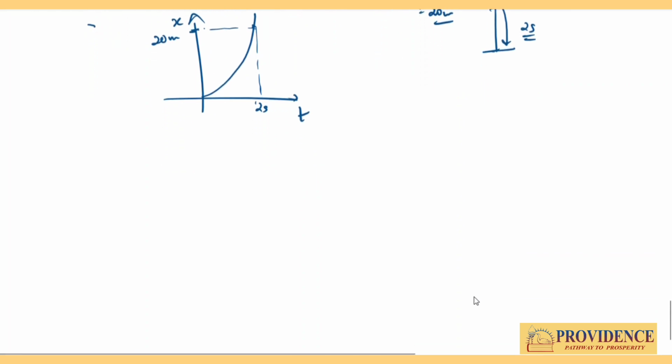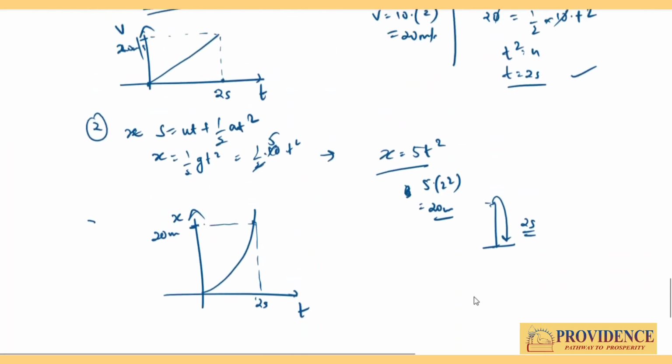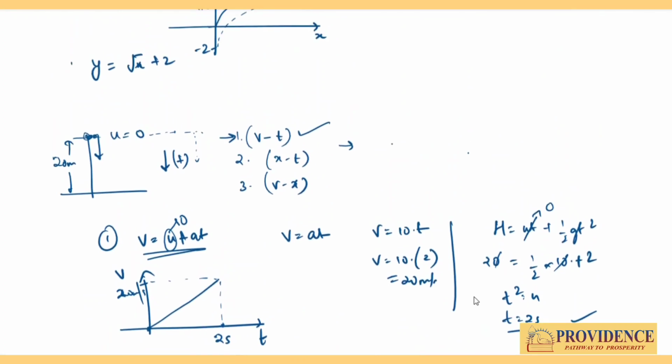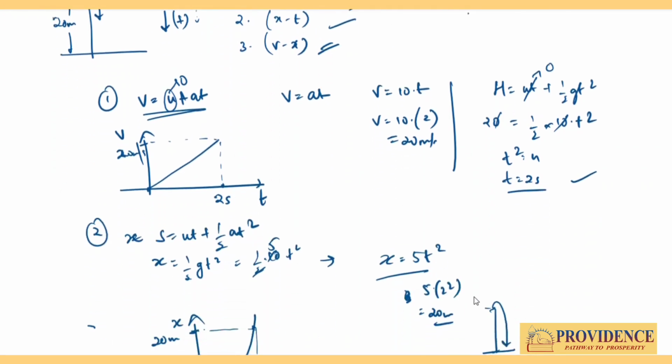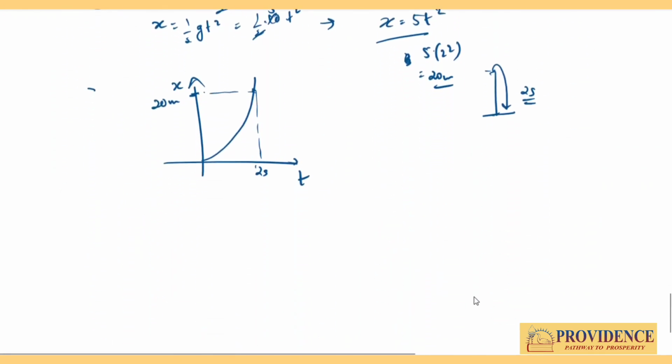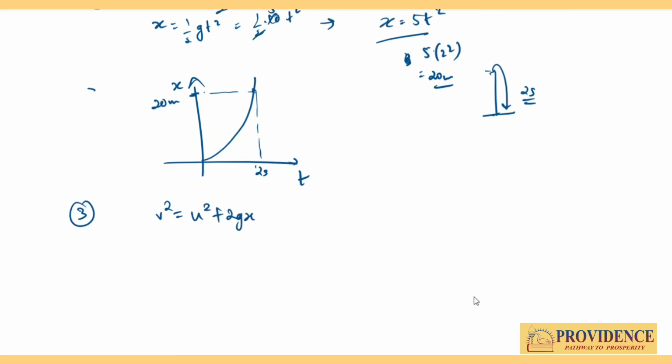Next, we are left with the last graph, that is the v versus x graph. Now how to get this graph? V versus x means we have to first get a particular equation relating the velocity and displacement. For that, if we use the equation v square equals u square plus 2gx, okay, 2as, here it is g, and u is 0, so simply v square is equal to 2gx.